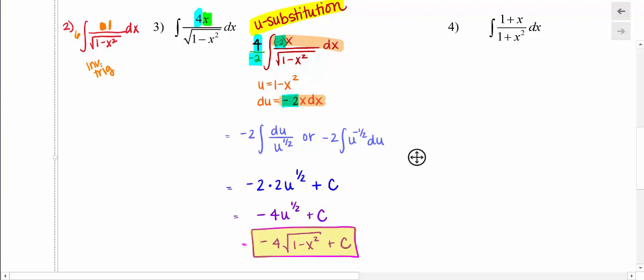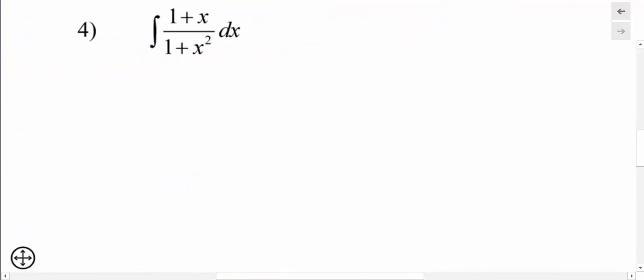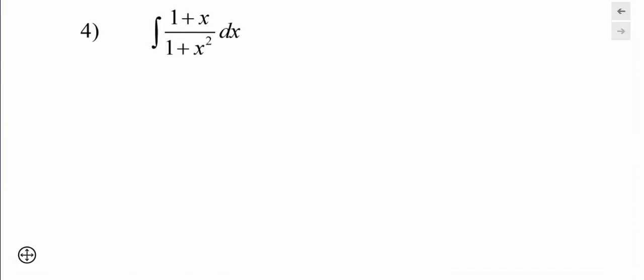All right, so let's try something else with number 4. Now, I might look at this and say 1 plus x squared in the denominator. Oh, that does look like inverse trig, but I also have a variable up here in the numerator, so let's try u-substitution. And I don't think there's anything wrong with you trying u-substitution first.